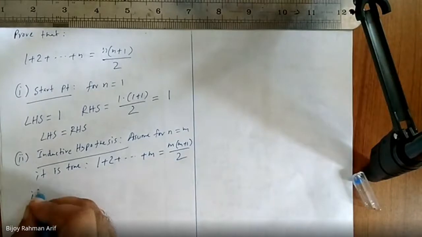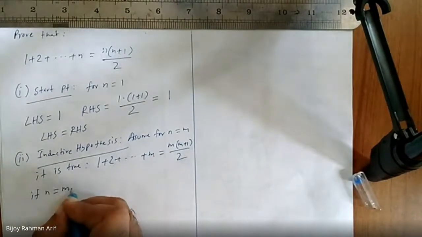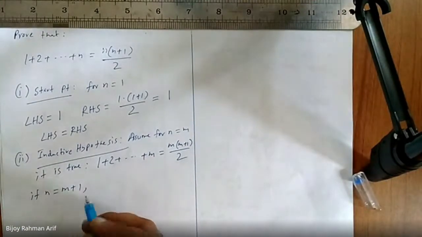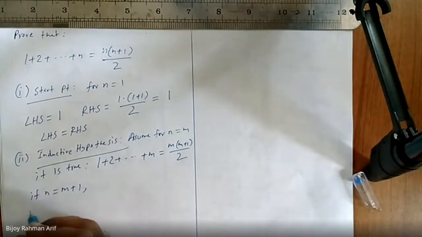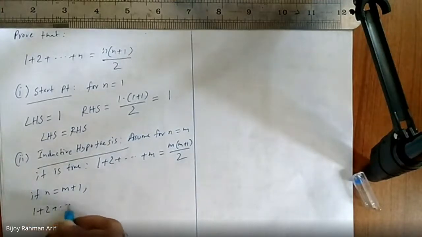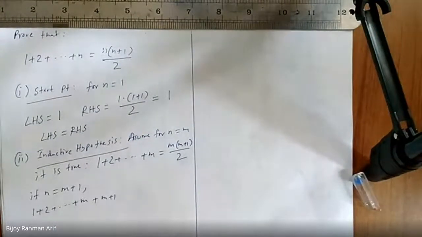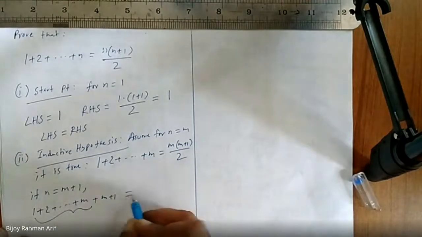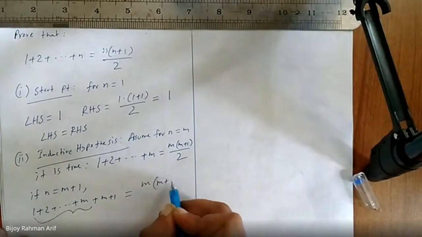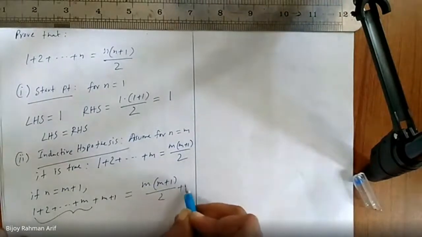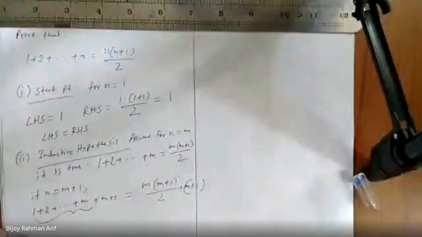Now, if n equal to m plus 1, then 1 plus 2 plus dot dot dot plus m plus 1. What is this? Up to this it is m into m plus 1 divided by 2, plus m plus 1. Do you agree with me or not?